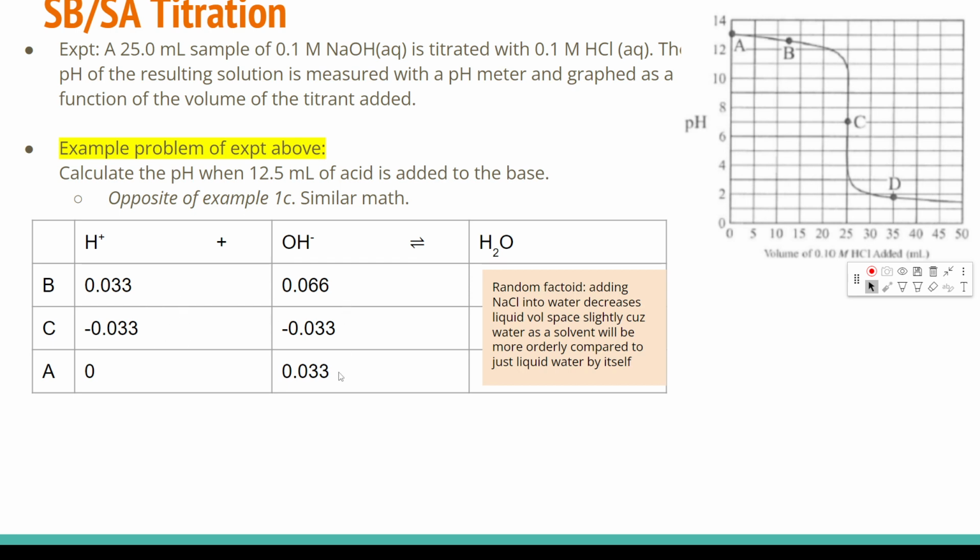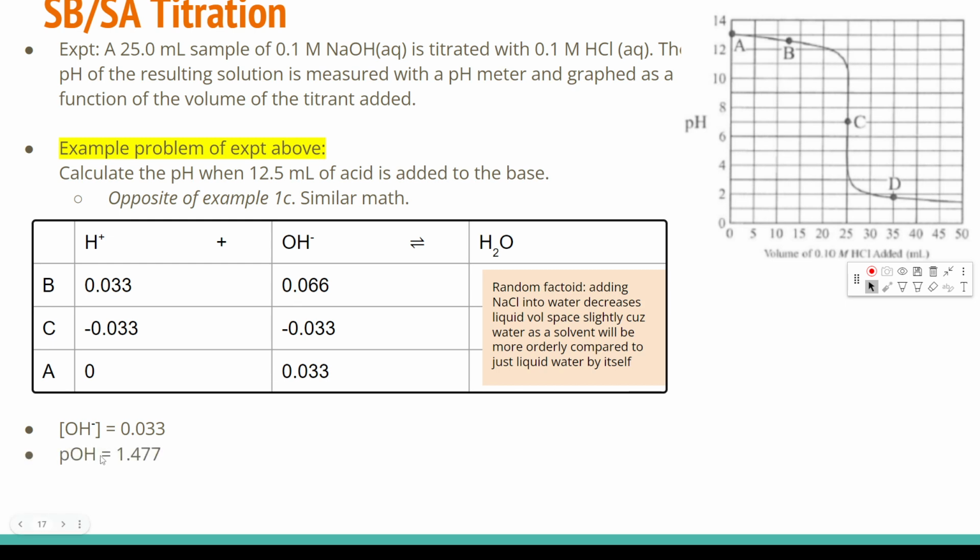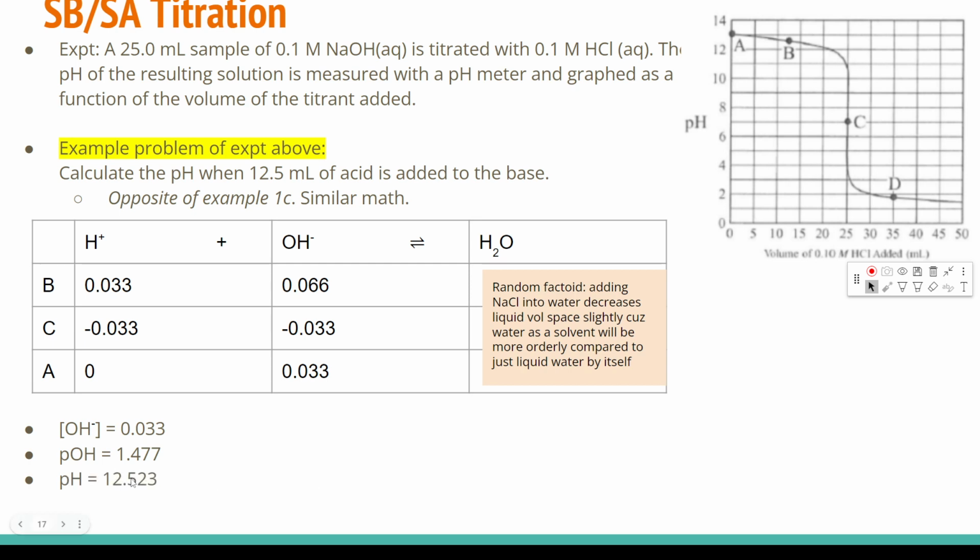We have some OH minus left over, and so I can use the OH minus concentration to calculate the pOH. pOH is negative log of OH minus. Then I can calculate pH with that one equation from our constant equation sheet: pH plus pOH is 14. So then I plug in my pOH to get my pH. Yay. Cool. I also realized I wasn't checking my sig figs on any of these. Oh well. Whatever.